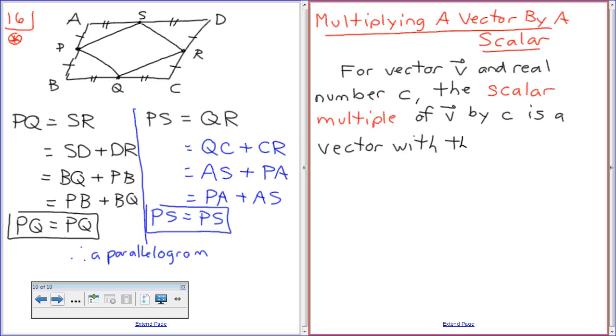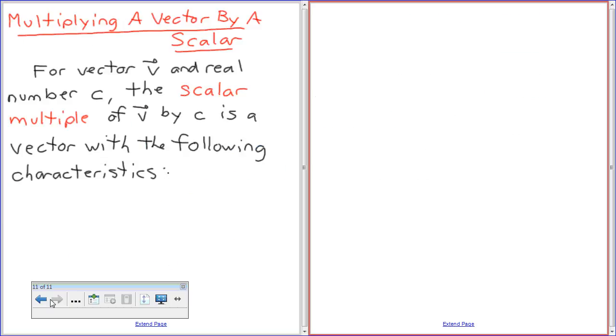So what I'm saying is you can multiply a vector by a scalar, and the result is going to be a vector.